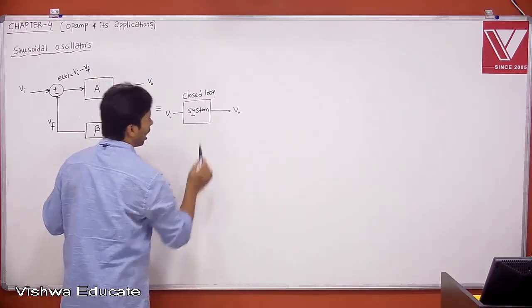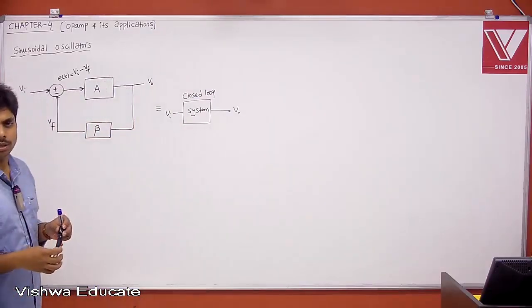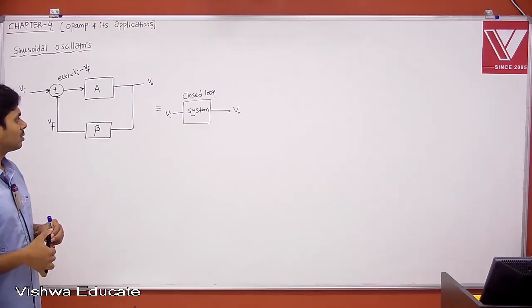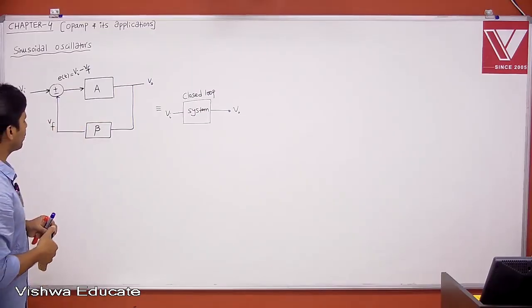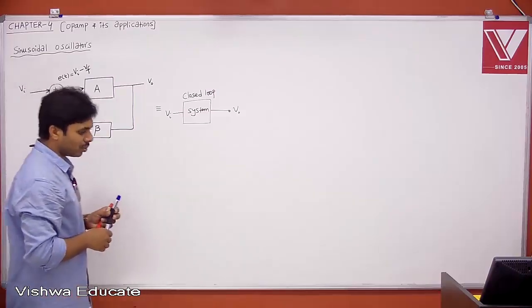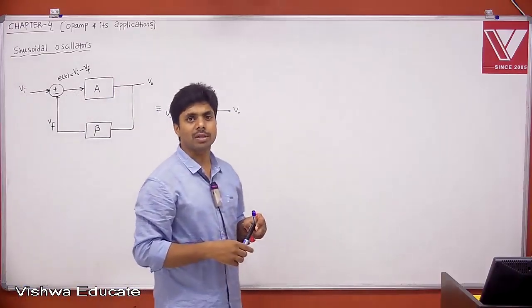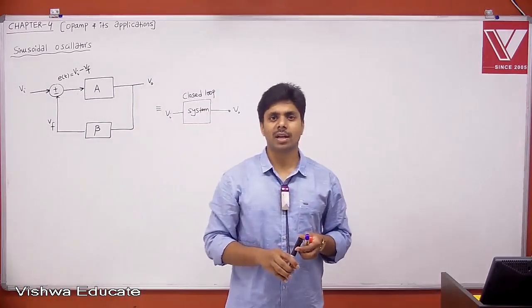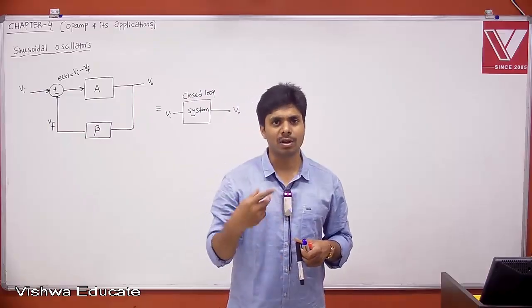Whether this is stable or not, that is what people explain from loop gain. You remember I already spoke about this. If you want to speak about system stability, people always consider loop gain. That is what I told.